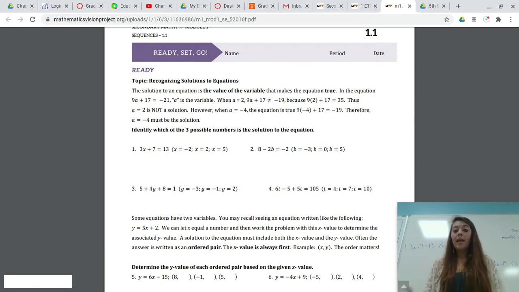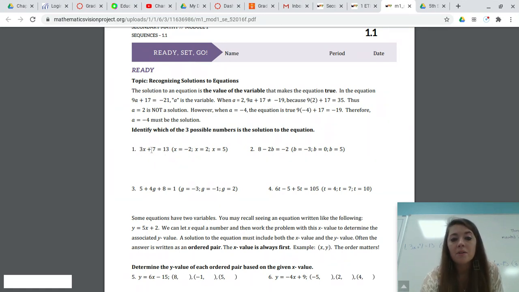So there's a lot in there, but basically what that is all saying is looking at solutions to equations. So we want to find when the equation is true, for what value of a, or whatever your variable may be, because obviously it might not always be a, what value that has to be in order for it to equal the other side of the equation. So each time, as you might notice here, we've got the 3x plus 7 equals 13.